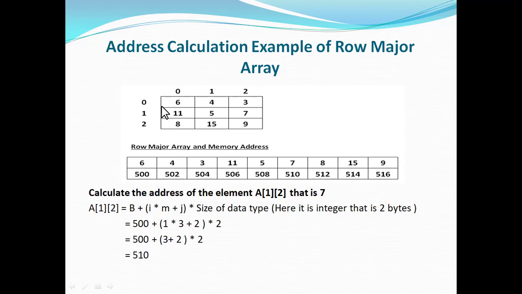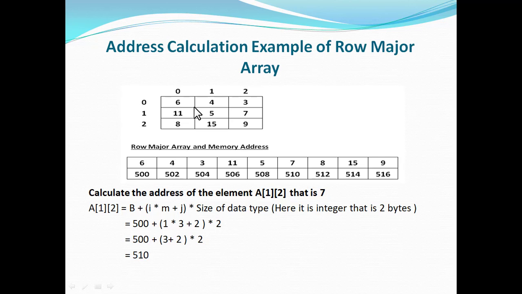Then we'll see one example of how to calculate the address. Suppose we have one multidimensional array consisting of 3 rows and 3 columns, the row numbers are given as 0, 1 and 2, and the columns are also 0, 1 and 2, and these are the elements.